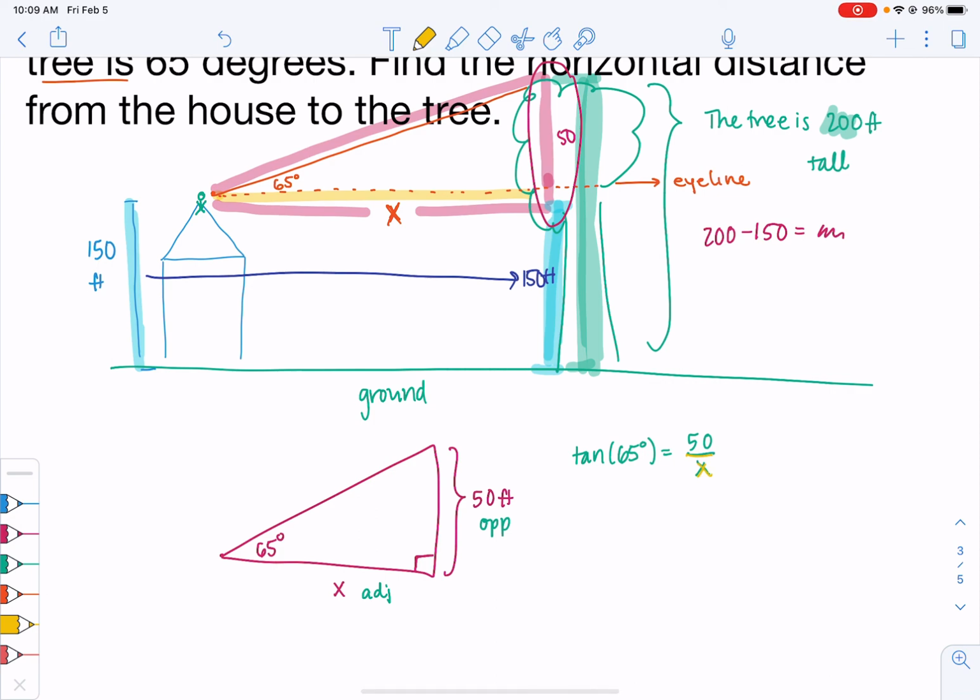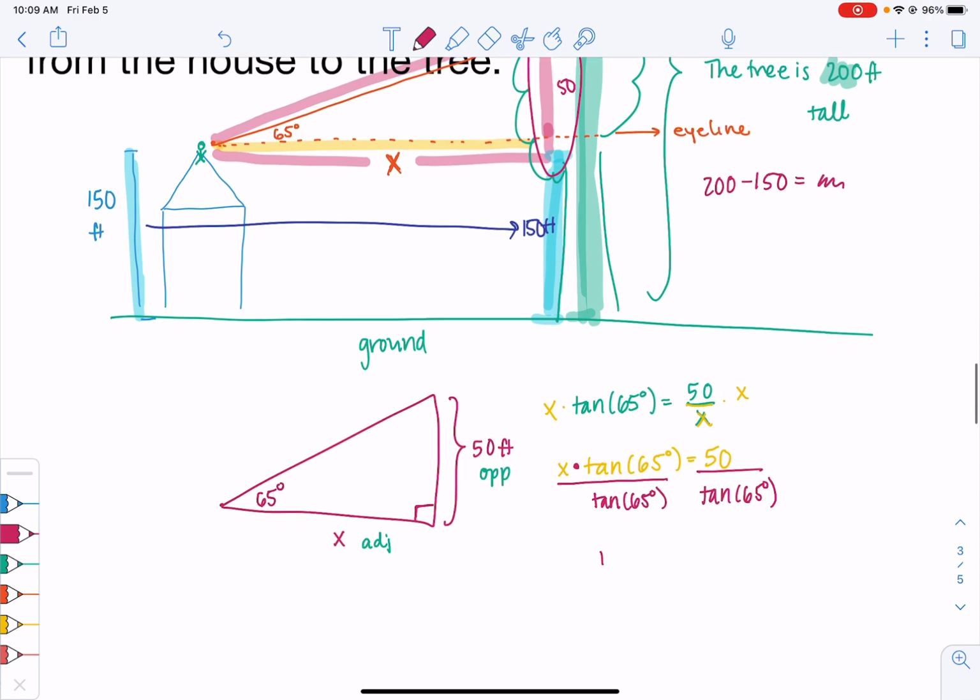Multiply by what we're dividing by, so multiply by x. Check, is x alone? Nope, it's being multiplied by tangent, so we have to divide by tangent of 65. And we get x equals 50 divided by tangent of 65.